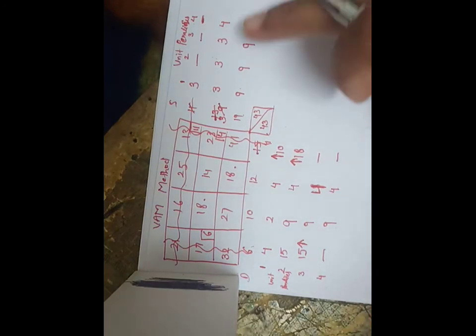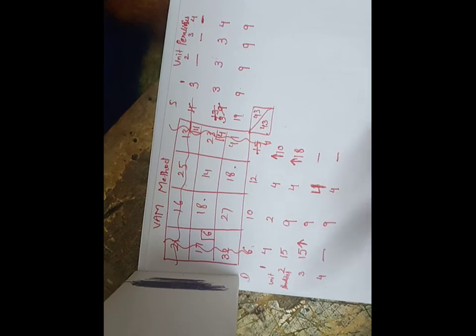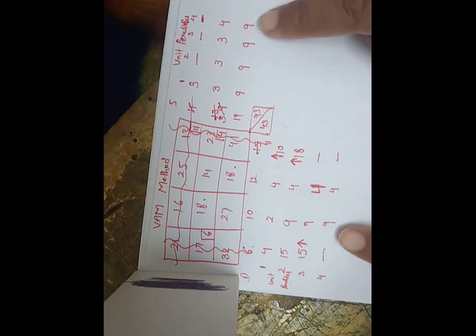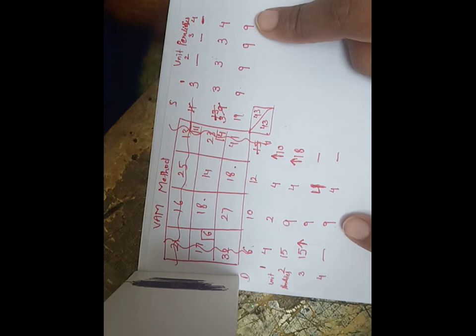Similarly, these unit penalties. Now it is very important to understand the concept when there is a tie between unit penalties. You can have a look here. 9 and 9. There is a tie. We have to use a tiebreaker. What is that?